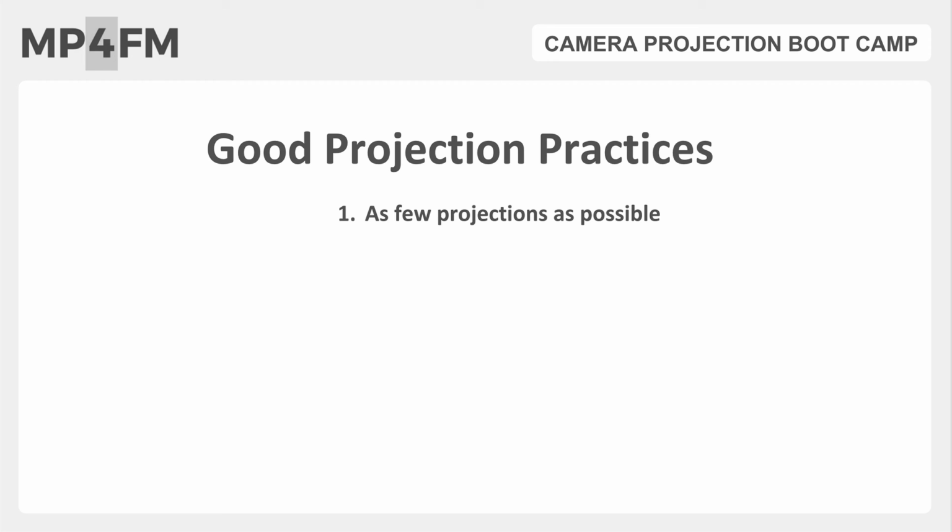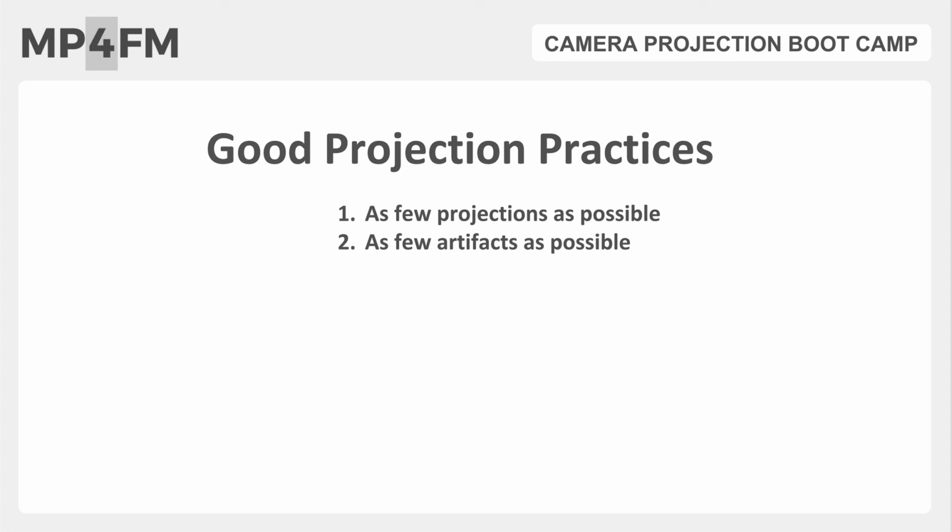So if you have 3 projections in a setup, maybe you can get away with just 2. Or maybe you can get away with 1, a hero projection and then a patch projection. Every projection is expensive and takes time for you to do. So if you can cut those down, then the better off you'll be.